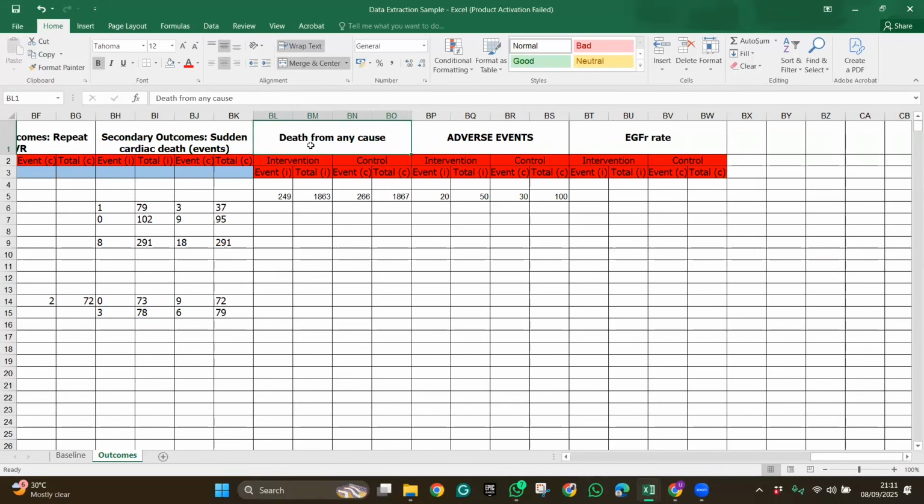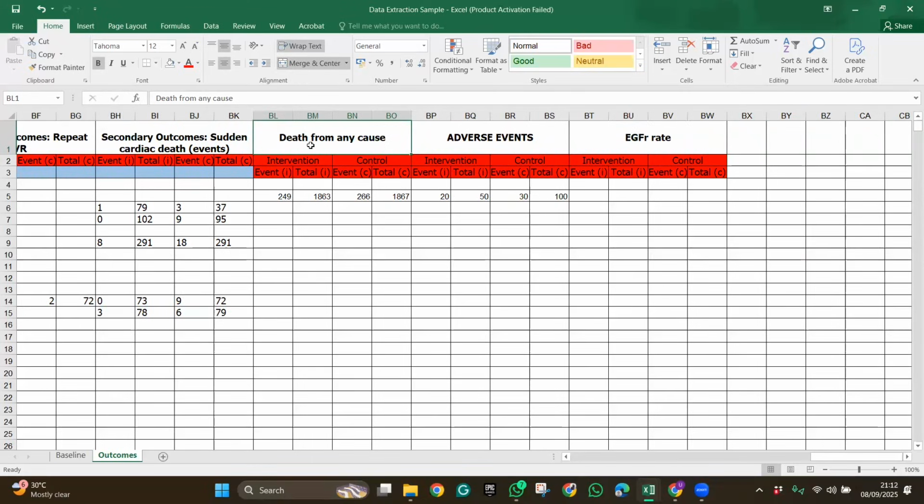In what format you're going to report that data depends on the majority rule. If the majority of the studies are reporting that data in the form of mean and standard deviation, you're going to report the data for the rest of the studies in mean and standard deviation too. But if the majority of the studies are reporting in the form of whole numbers and percentages, you're going to report that in the form of whole numbers and percentages.